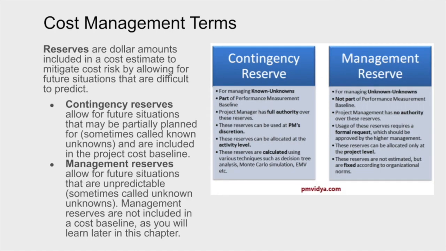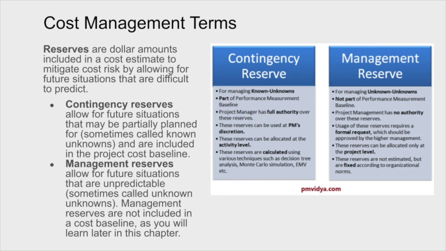Next, we talk about the concept of reserves. Reserves are really stashes of money or budget that are put aside to account for overages. There are two basic kinds: contingency reserves and management reserves. Contingency reserves allow for future situations that may be partially planned for, but didn't really show up in the plan.